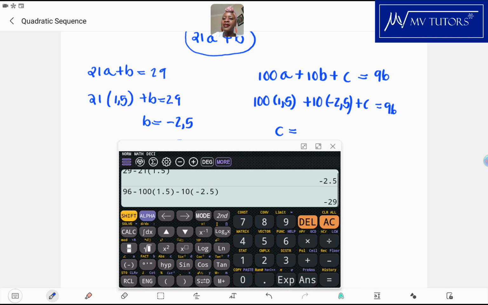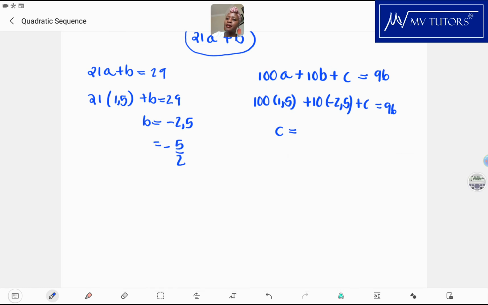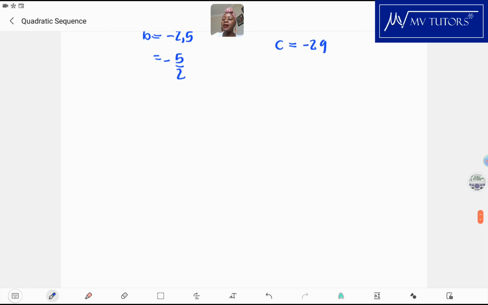My answer is negative 29. So basically, my general term formula is 3 over 2 n squared minus 5 over 2 n minus 29.